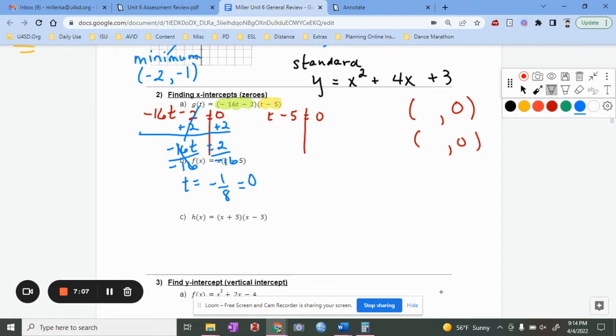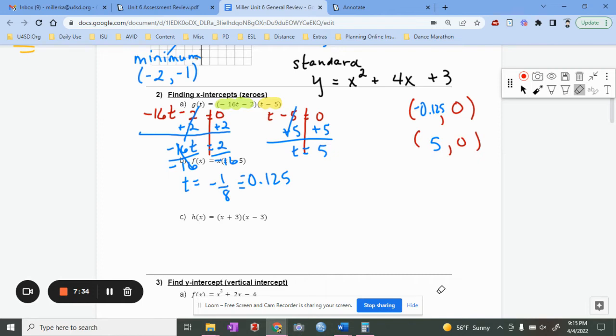You might also write that as negative 0.125. So negative 0.125, comma 0. This one, same thing, t minus 5, we are going to add 5 to both sides, and we get t equals 5. Those are my two x-intercepts for 2a.